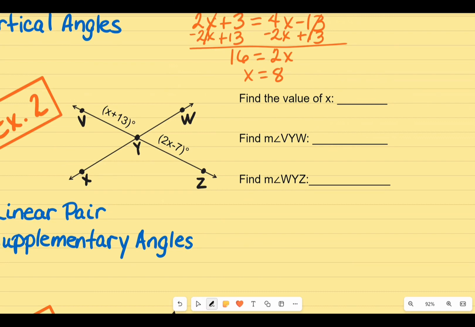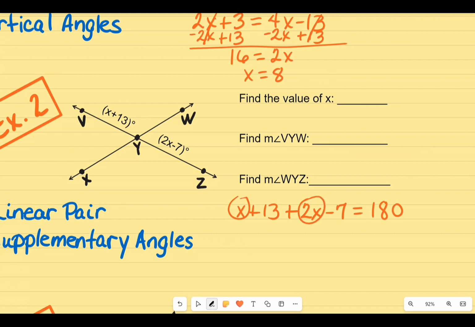So the way that looks is x plus 13. Again, I'm taking the information that's given, that's one angle, and then I'm going to add that to the other angle, which is 2x minus 7. And because it's supplementary angles, I know that those two angles have to add to equal 180. So now you want to combine your like terms.